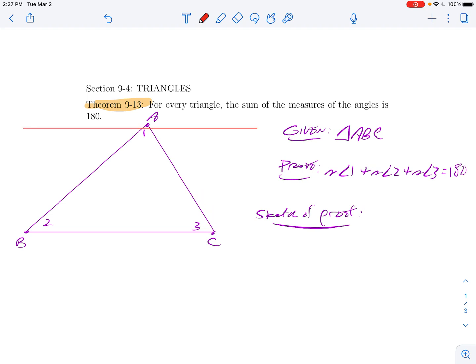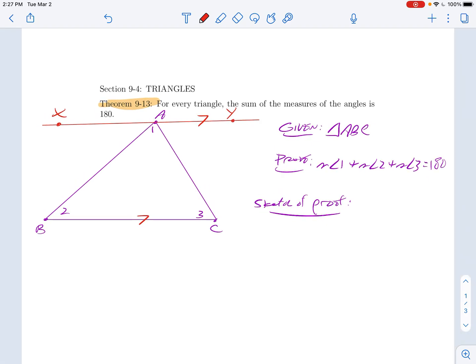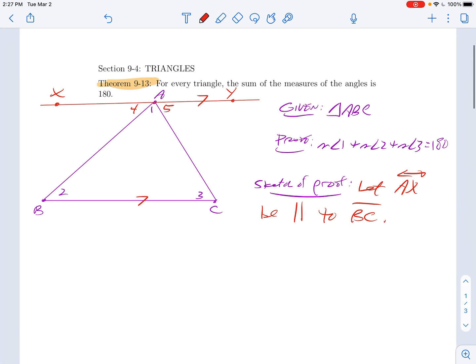There is a unique line that goes through A that is parallel to line BC. So let line AX be parallel to segment BC. And I'm going to name these angles here. So I'm being a little informal, but from the picture you can see what's going on.